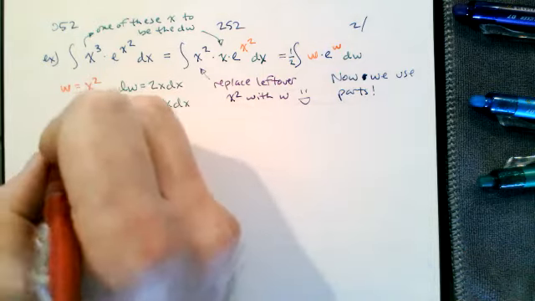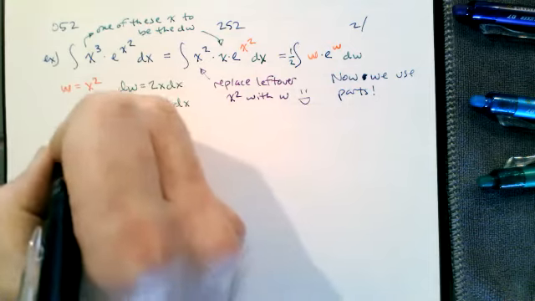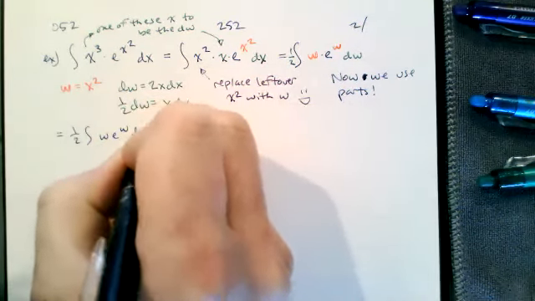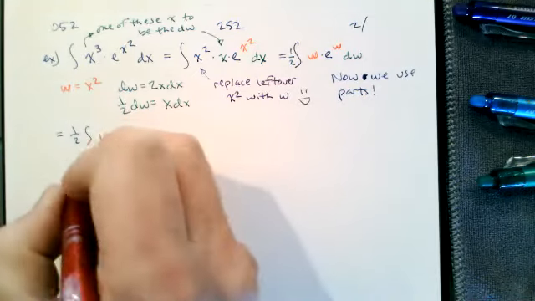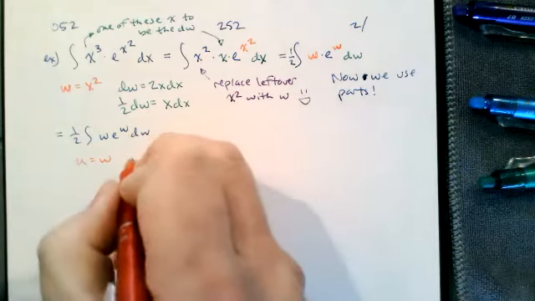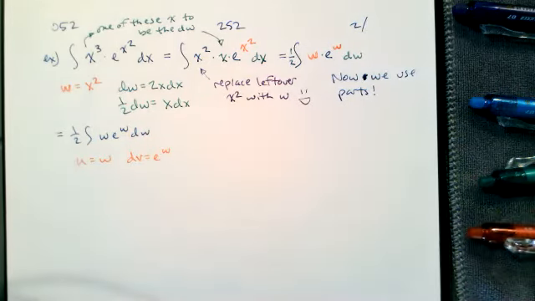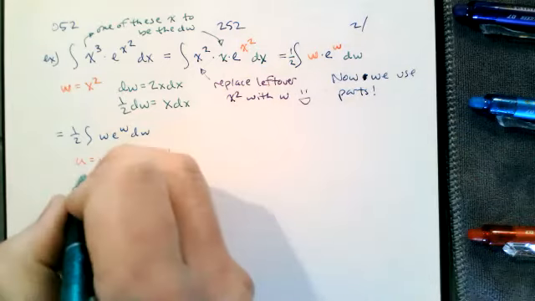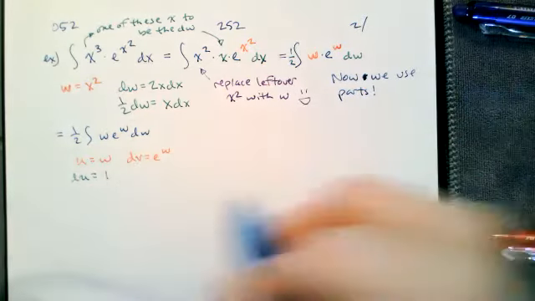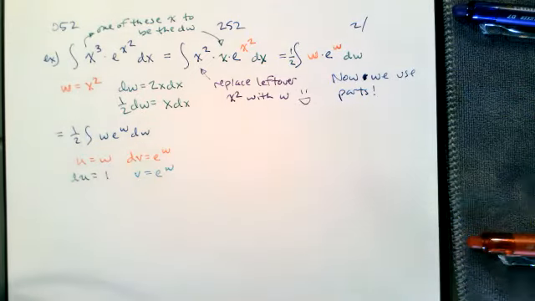So when we look at 1/2 the integral of w e to the w, we can set up parts where u is equal to w and dv is equal to e to the w. Then du is 1 and v is e to the w.